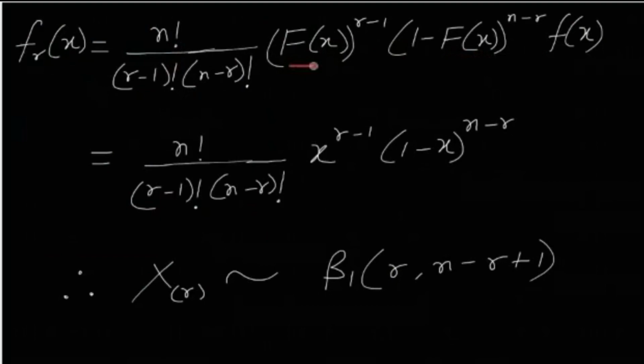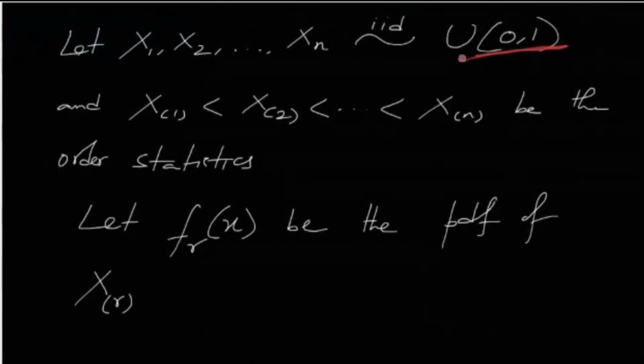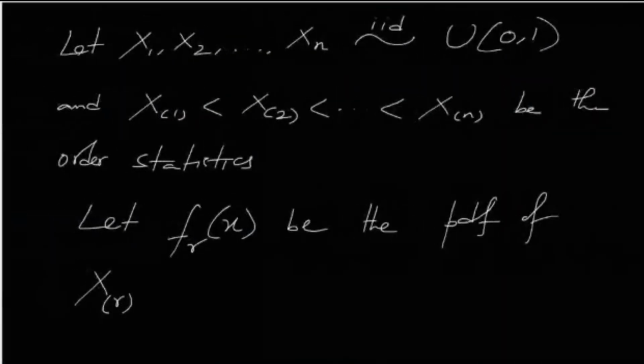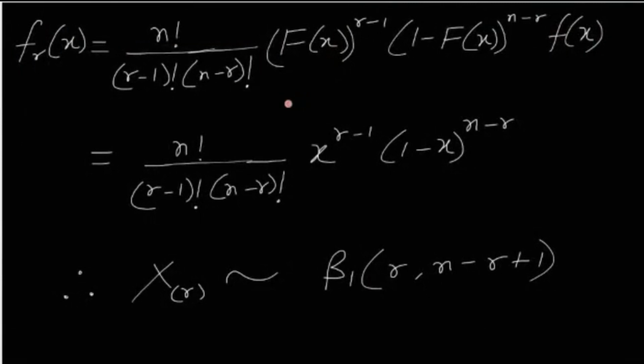Now this capital Fx is nothing but the CDF of the parent distribution, the uniform distribution CDF, which is obviously x. So ultimately this entire thing is n factorial by r minus 1 factorial into n minus r factorial, into x to the power r minus 1, into 1 minus x to the power n minus r.